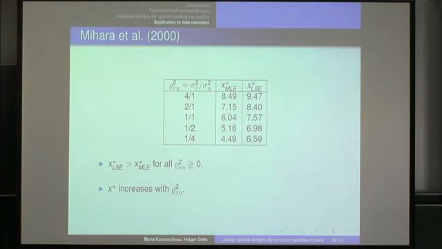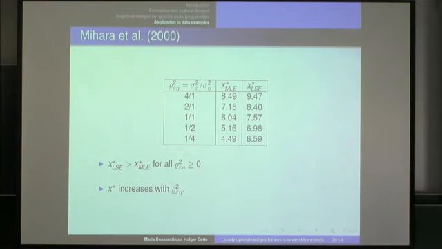So the table gives the smaller support point x star of the D-optimal design in the case of maximum likelihood and least squares estimation, and for various values of the parameter rho. The upper support point is always 80, so it's not included here.